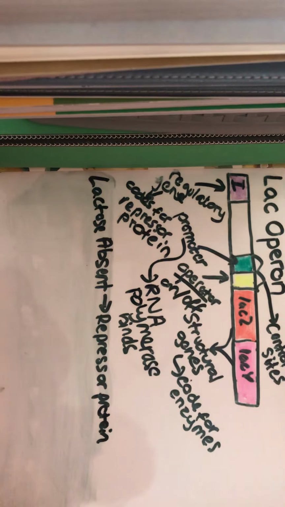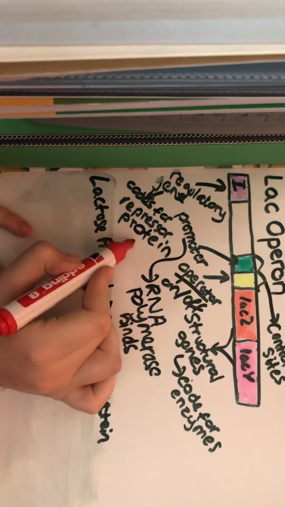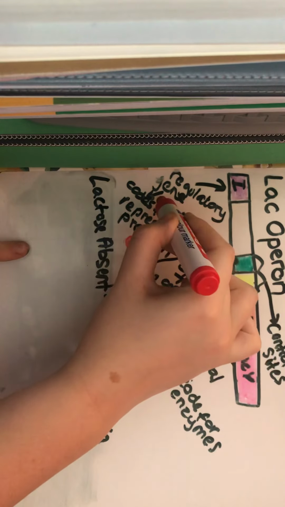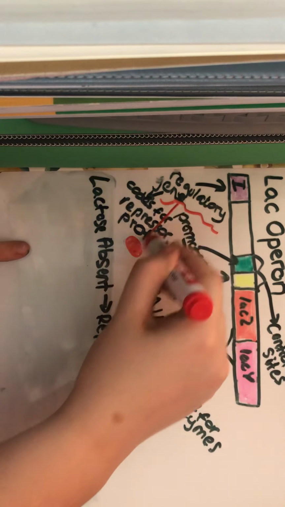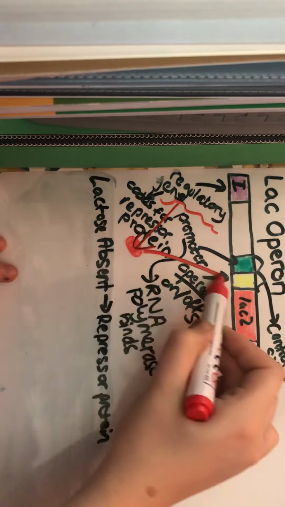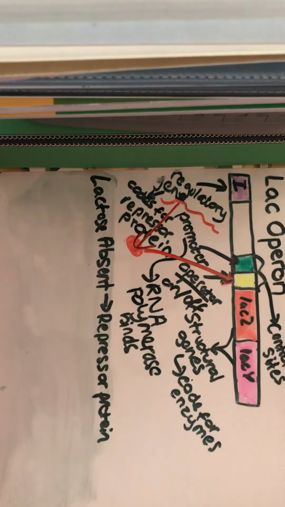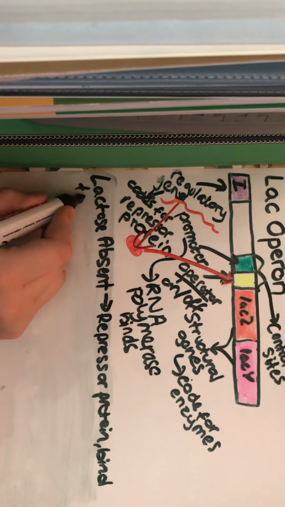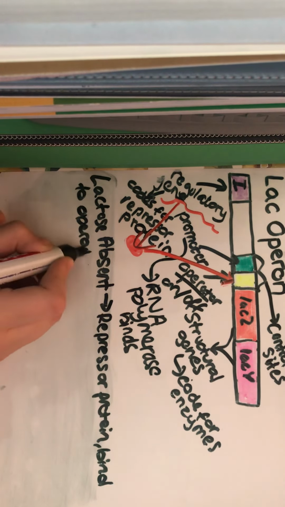I'm going to just draw this in. Before this we've got some mRNA, and then that's going to go to our repressor protein. So the repressor protein is going to bind to the operator region here.